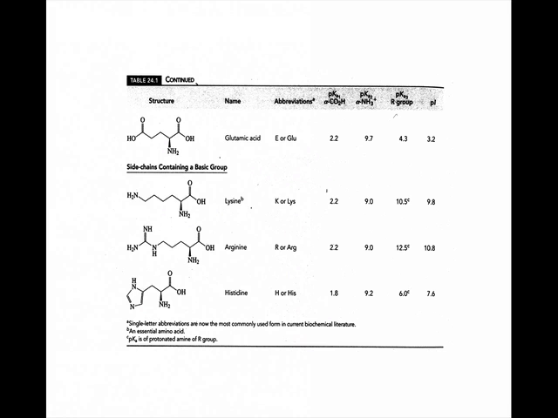Nope, not solubility. Good guess, though. It's the isoelectric point. Anybody know what that means? It's where the charges cancel out, so basically there's no net charge. All right, so that's the point at which you have a zwitterion.